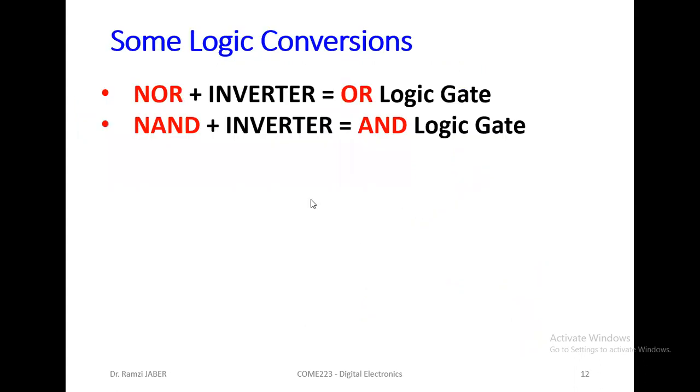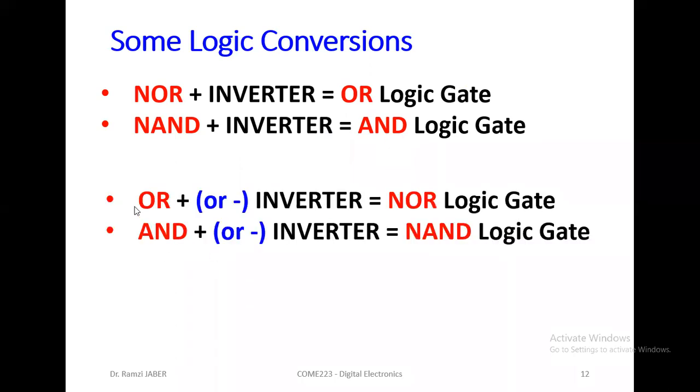Perfect. Now, some logic conversion. NOR plus inverter gives us OR. NAND plus inverter gives us AND. And inverse, OR plus inverter gives us NOR, AND plus inverter gives us NAND.